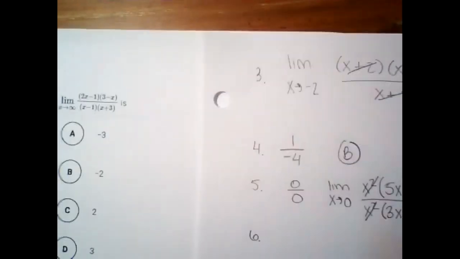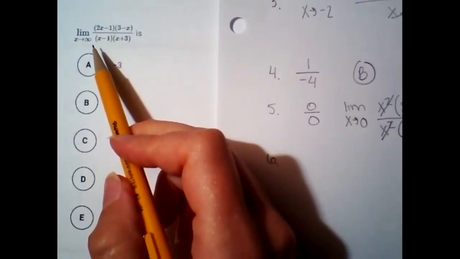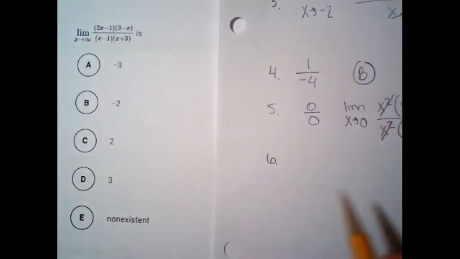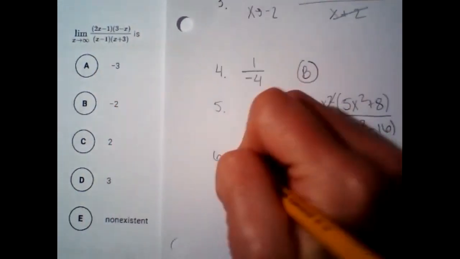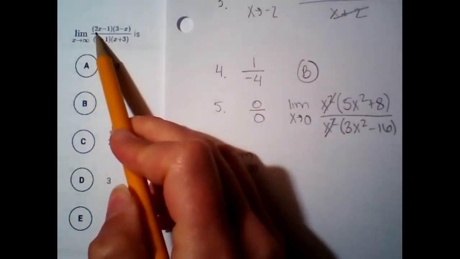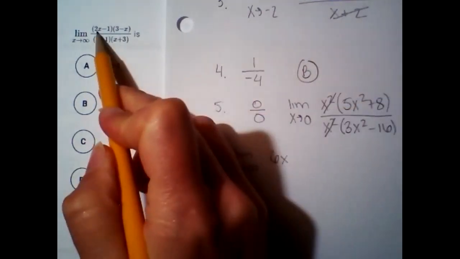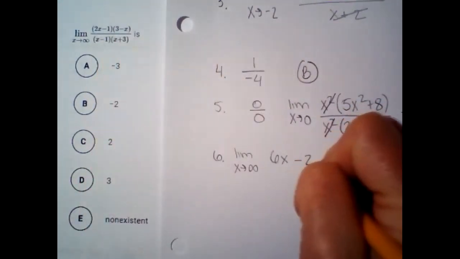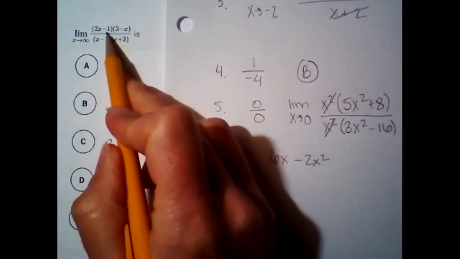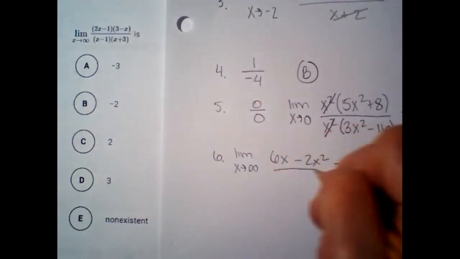All right, number 6. This is another one that's to infinity. So that is who's in charge here. The thing is, it's all factored apart, so I'm going to have to multiply this back together. That will give us 6x minus 2x squared minus 3, and then plus 1x. Those negatives are going to cancel.